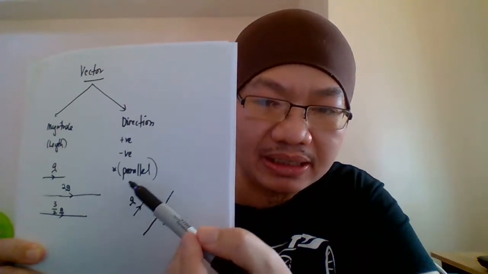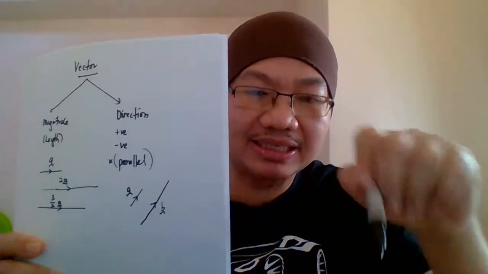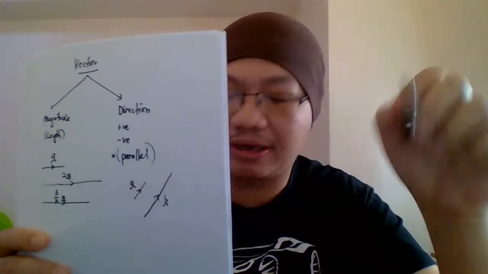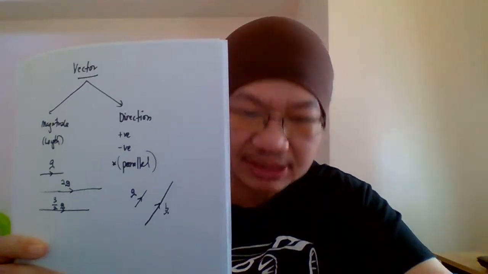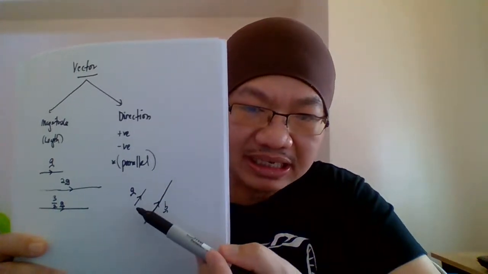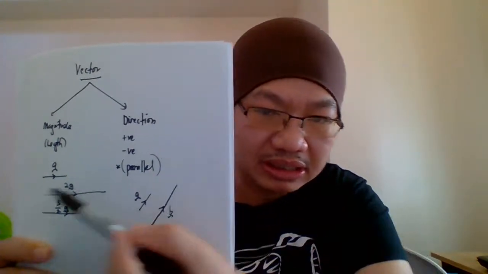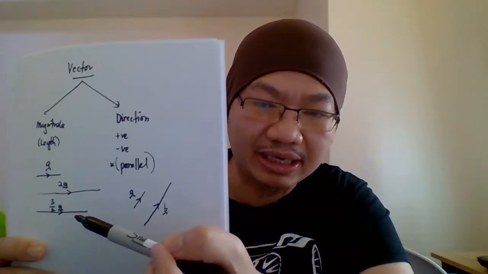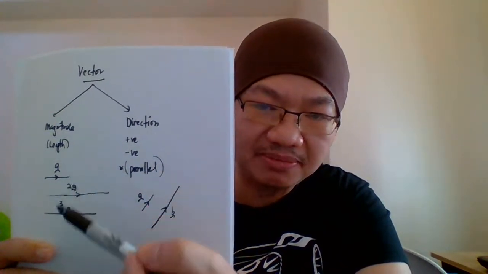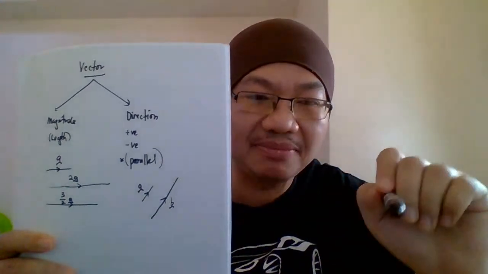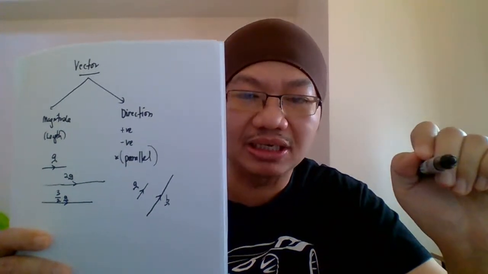When we talk about parallel vectors, parallel lines, parallel vectors, it means the directions are equal. This is what we call parallel vectors. But if you look at the magnitude, is it similar? No, the magnitude is not necessarily similar.